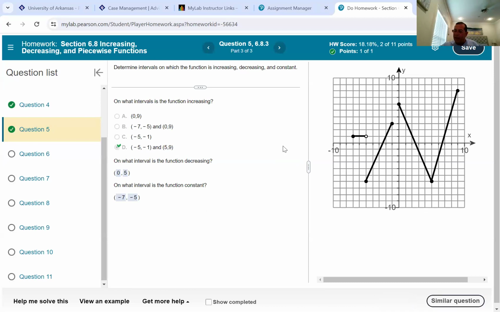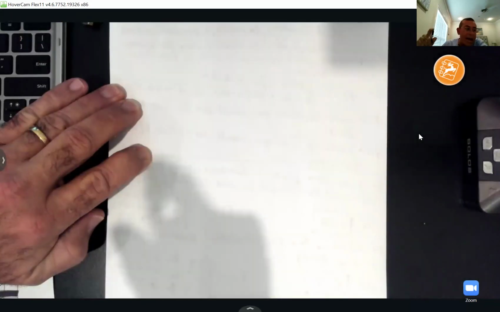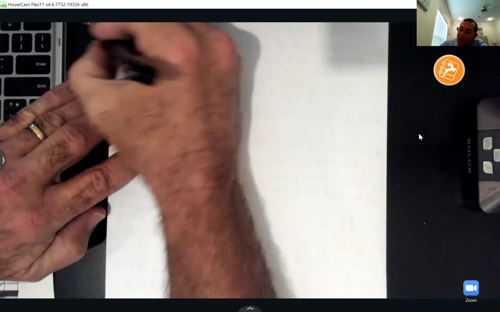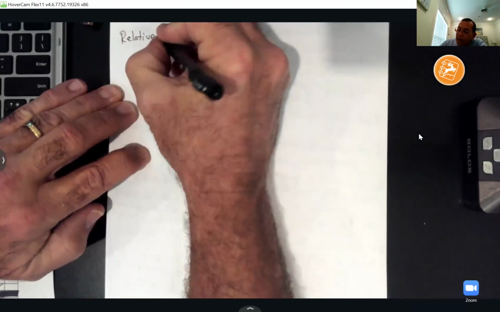All right, y'all, so let me go back to the camera for a second and give you a few definitions, and then we'll play with the next set of exercises here. Some new terminology here will be what we call a relative maximum and a relative minimum. A relative maximum.